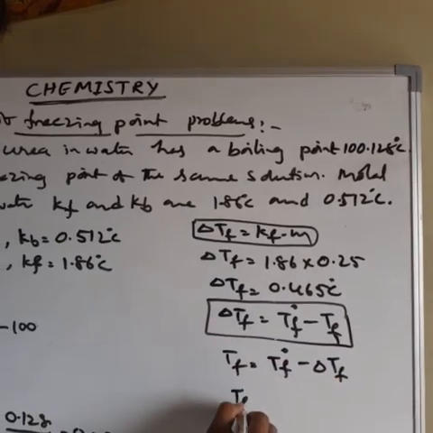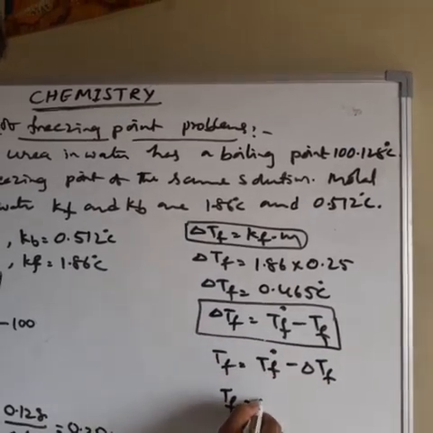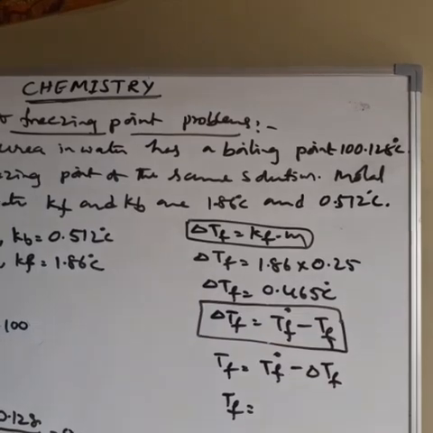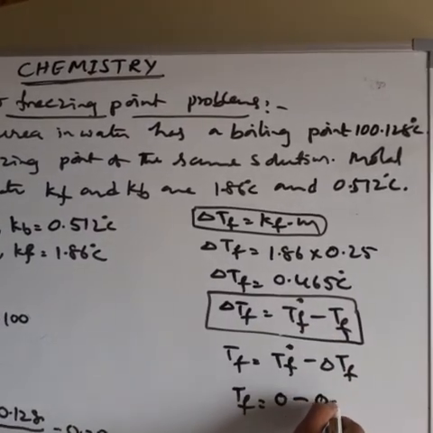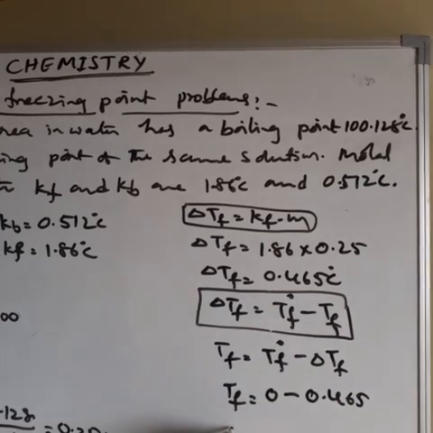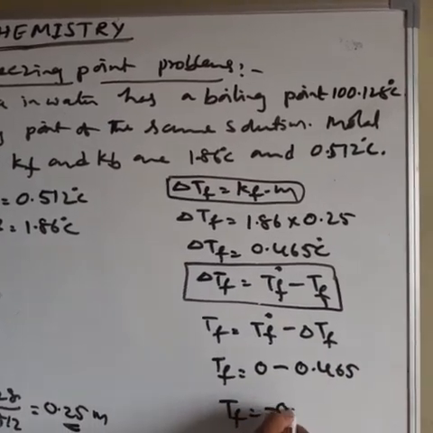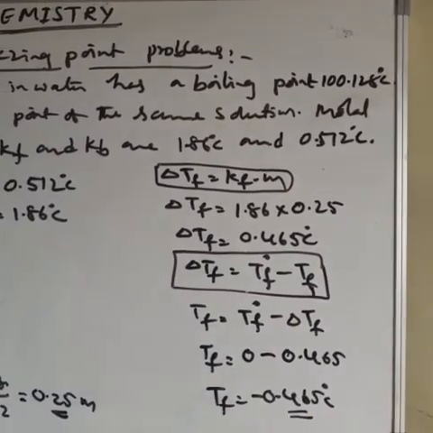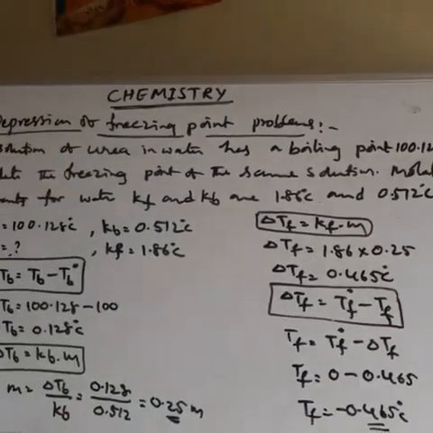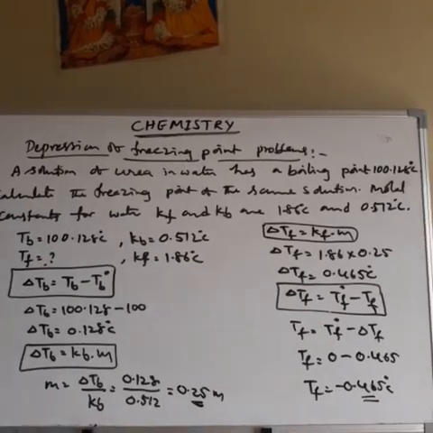T naught F means water freezing point, 0 Celsius degrees. 0 minus 0.465. Therefore TF is equal to minus 0.465 Celsius degrees. So this is the freezing point of the solution. So this is about the question.